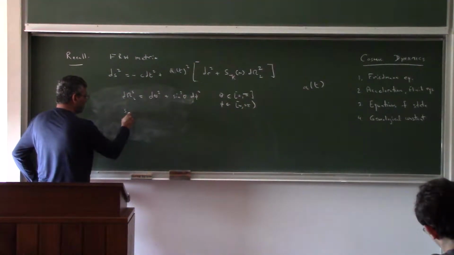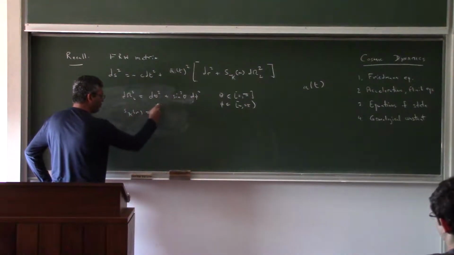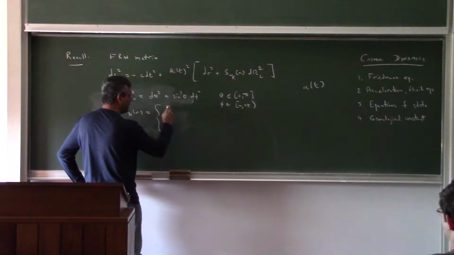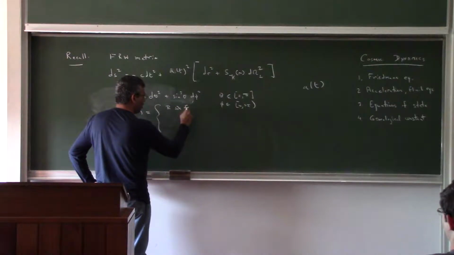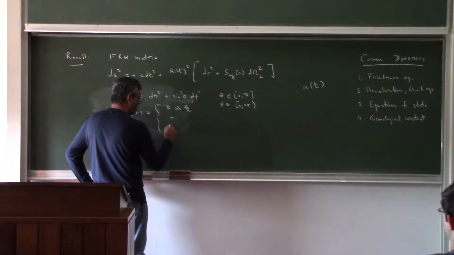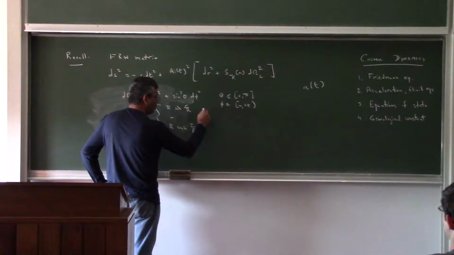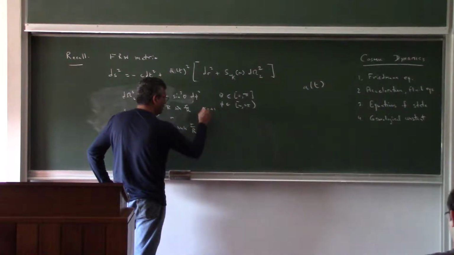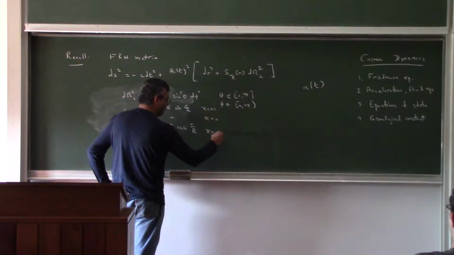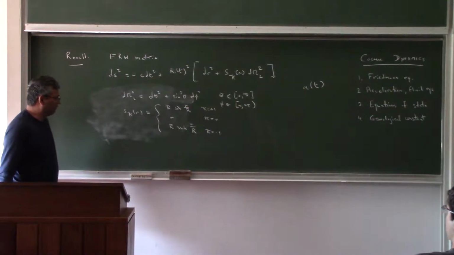And kappa depends upon the curvature: S_kappa(r) can be R sin(r/R), r, or R sinh(r/R). Where kappa is +1, the universe is positively curved, kappa is 0, the universe is flat, kappa is -1, the universe is negatively curved.